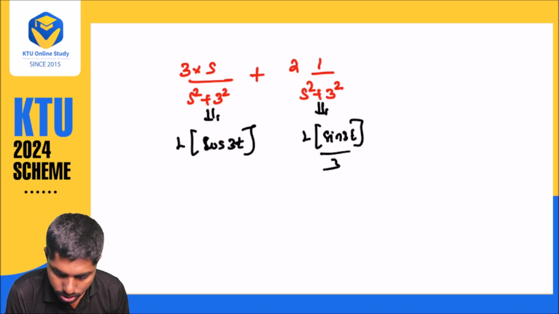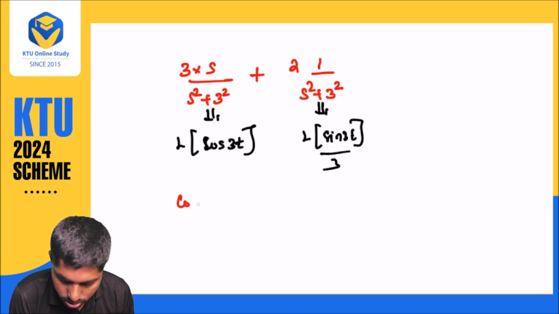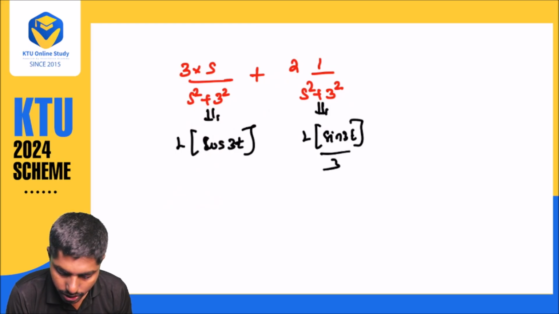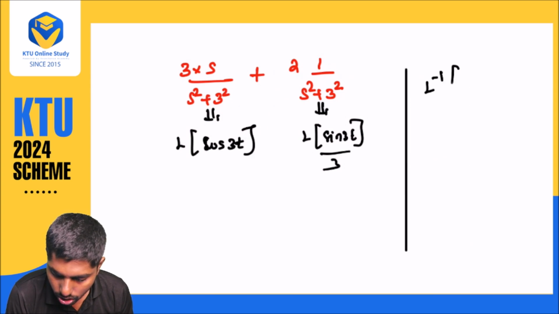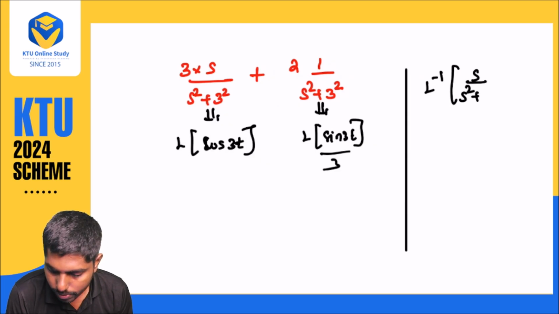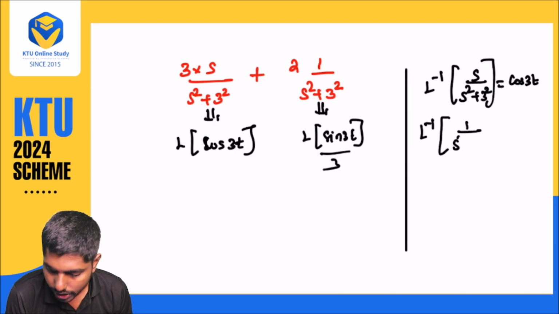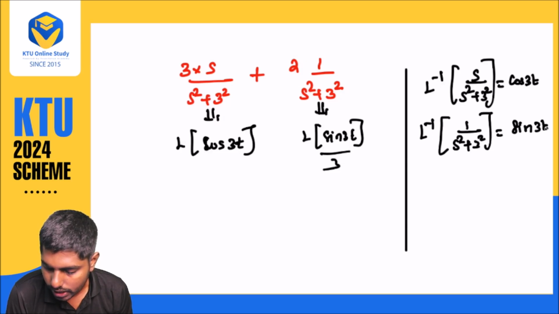Taking L inverse here, it will become cos 3t. Now we know L inverse of x divided by x square plus 3 square is nothing but cos 3t, and L inverse of 1 divided by x square plus 3 square is nothing but sin 3t divided by 3.